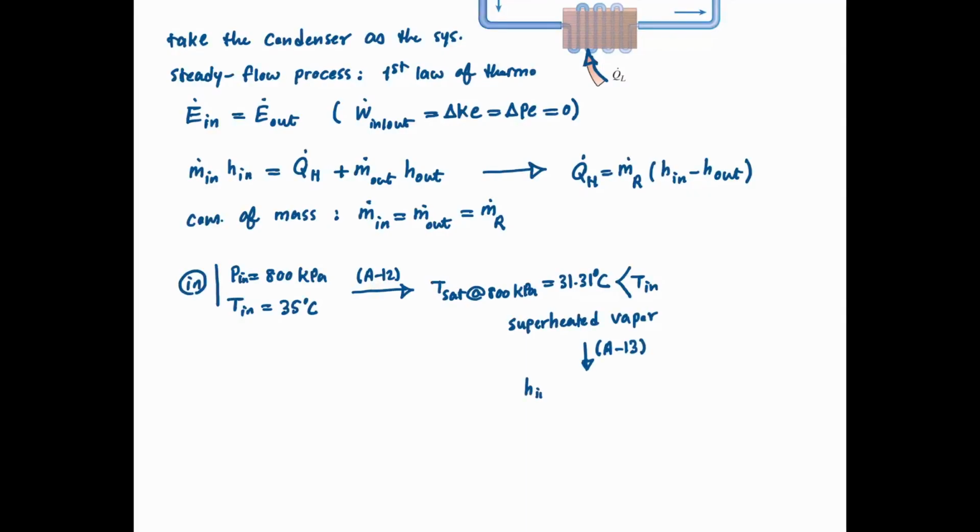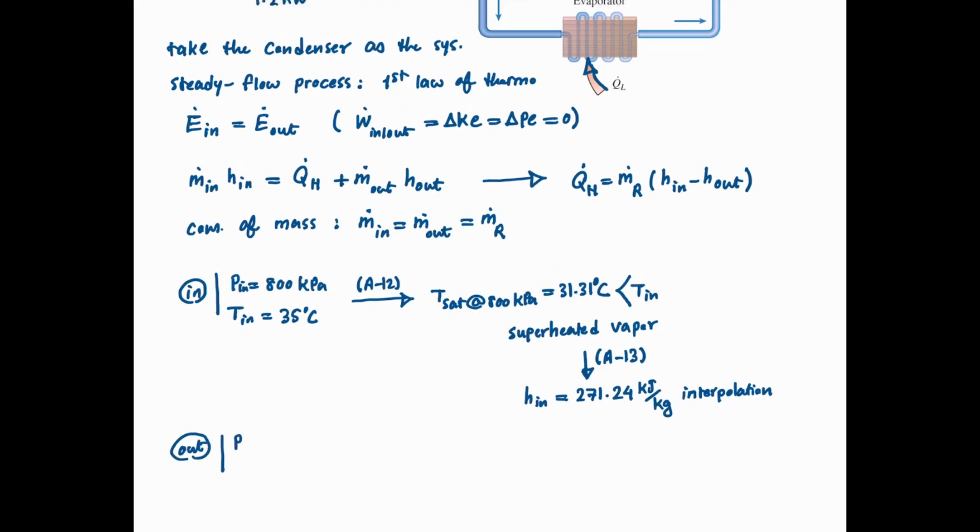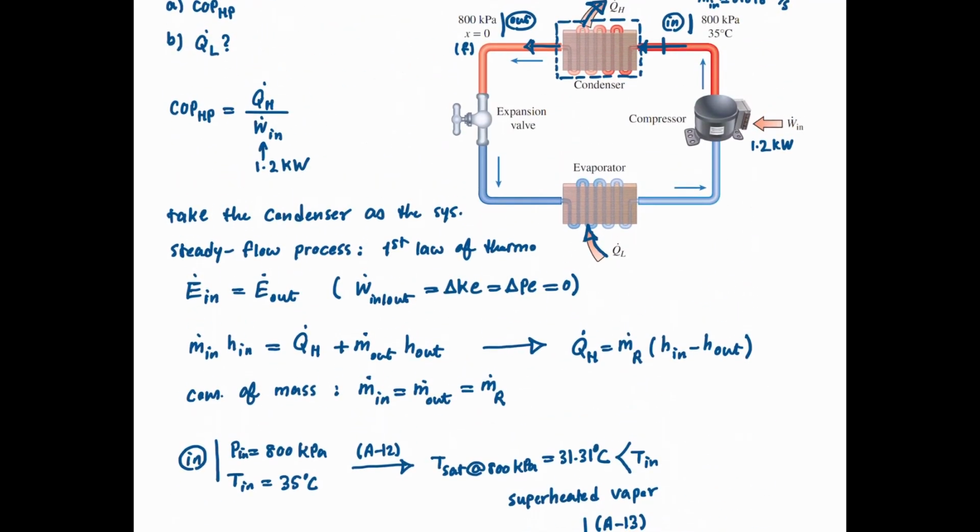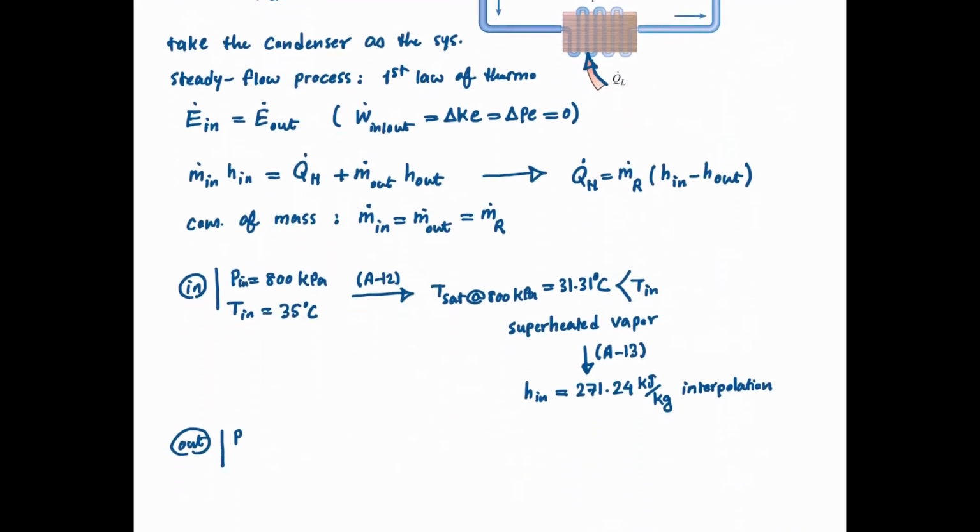I'm going to read for enthalpy. Enthalpy will be equal to 271.24 kilojoule per kilogram. And you need to make interpolation to get this number. Then for the output, pressure is given, 800 kilopascal, and it is a saturated liquid.